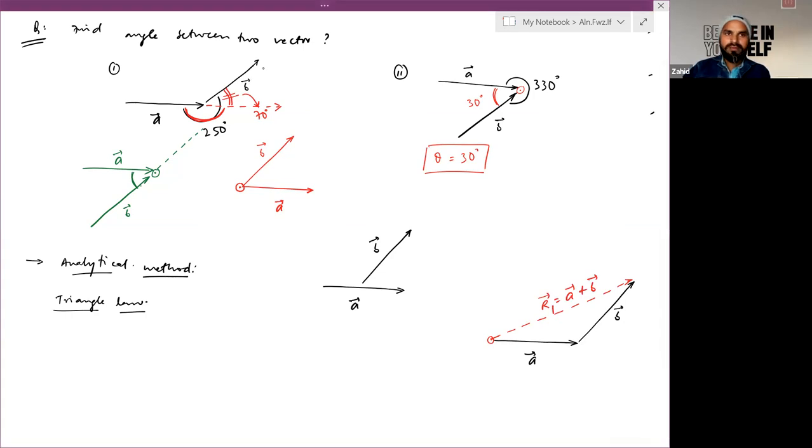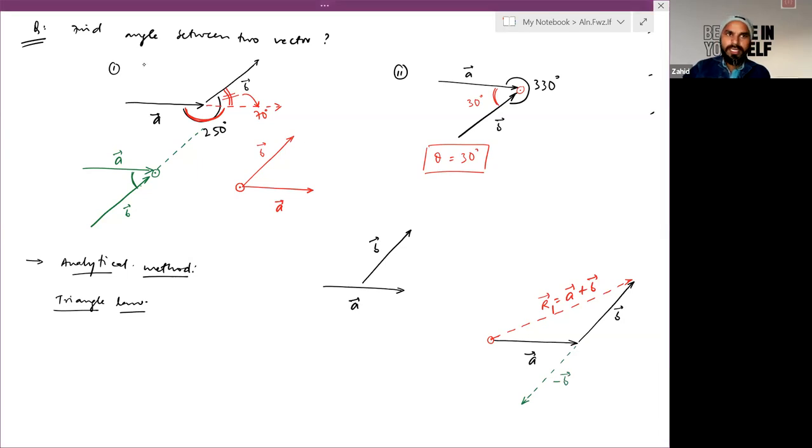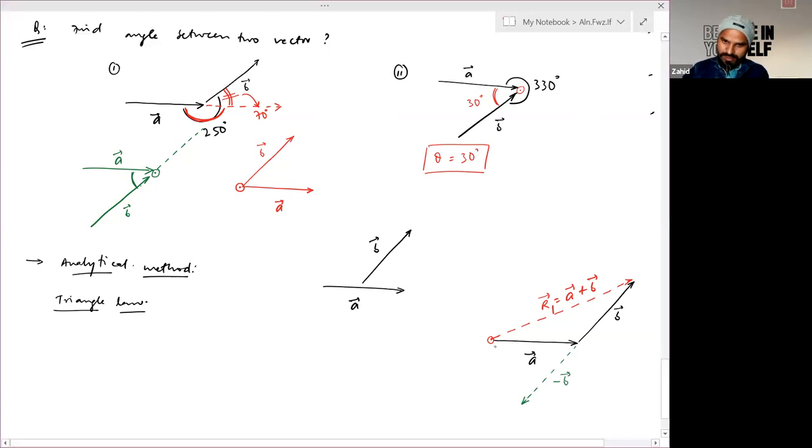Now we may reverse this vector B along its own path like this. So on reversing direction, keeping its length the same, it will become minus B. Now, if you again apply triangle law for this path, that is from the tail of the first vector to the head of the second vector, like this, this will become R2 or the resultant for these two.